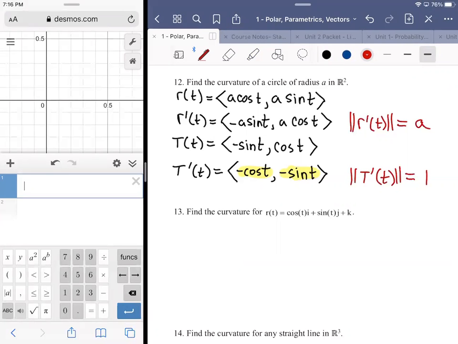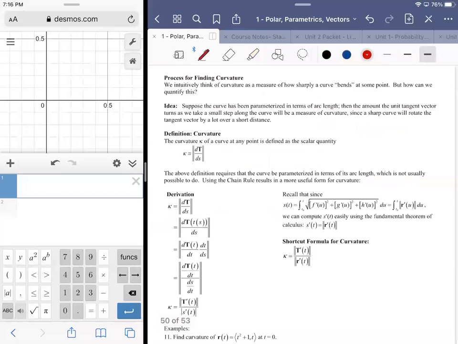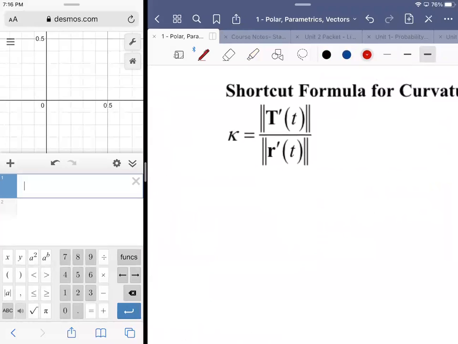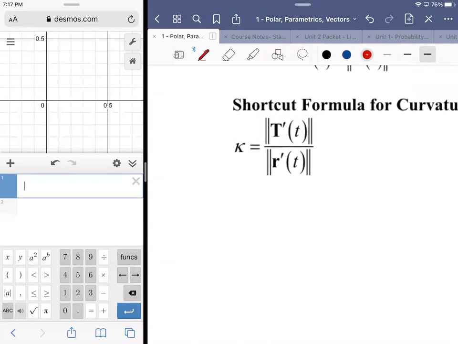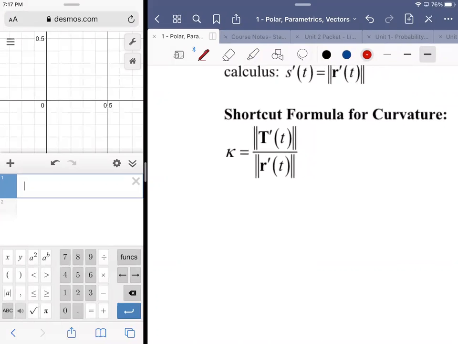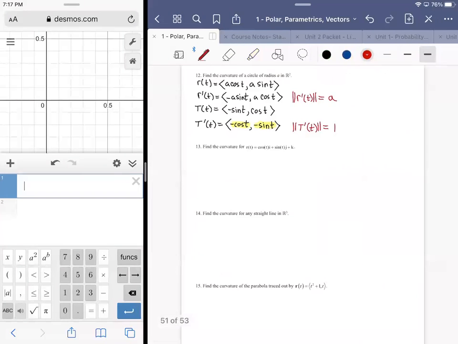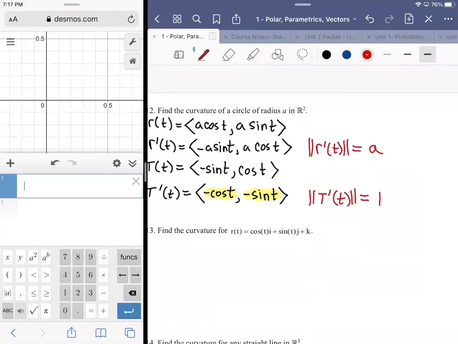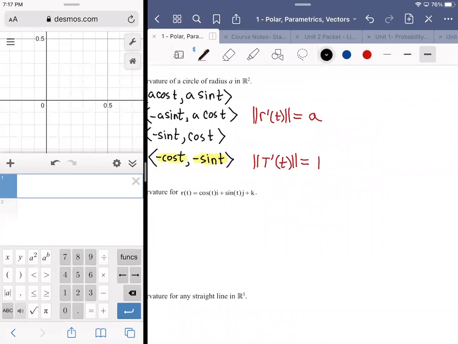All right. So then we have all the ingredients, and if you look at the rule here, you're taking the magnitude of the derivative of the unit tangent vector and dividing it by the magnitude of the derivative of the vector itself. That'll give you kappa, which I make like this. I just want a funky K, that's all.